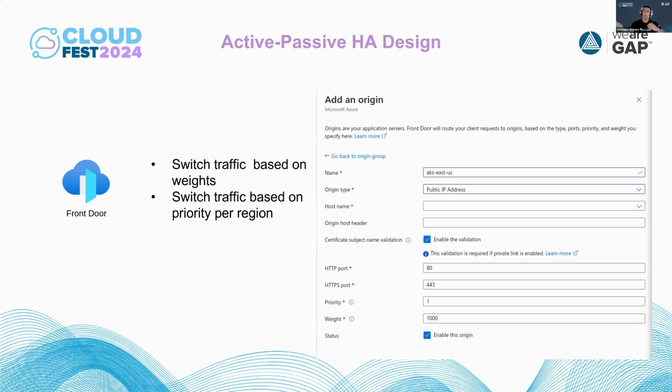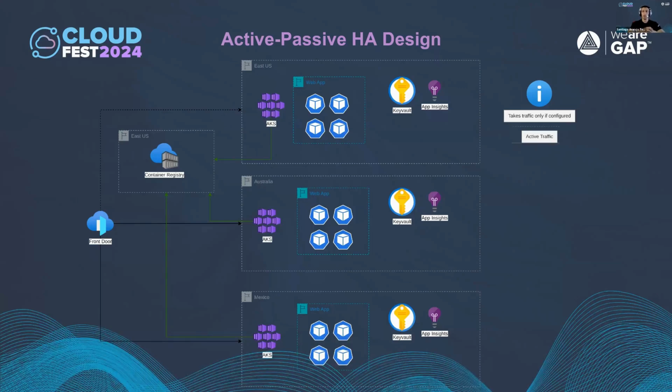So of course that passive region is going to be the one that takes in fewer requests. It is active and can take requests, but it's not going to be the one taking requests as a priority. It's going to be less weighted, and it is only going to increase its priority and weight when one of the other regions is not fully available.